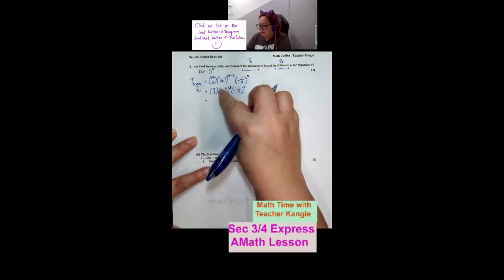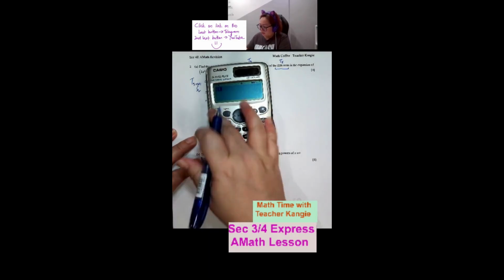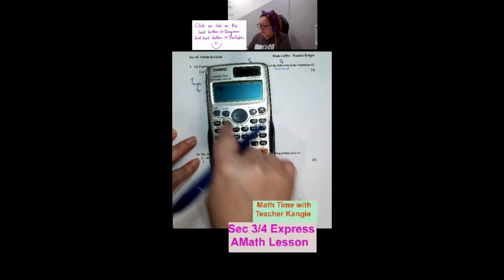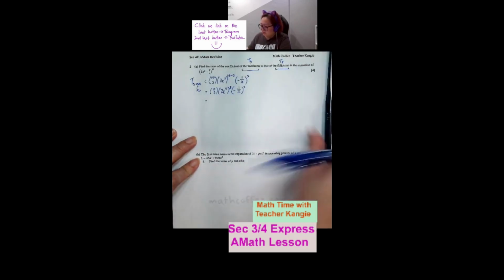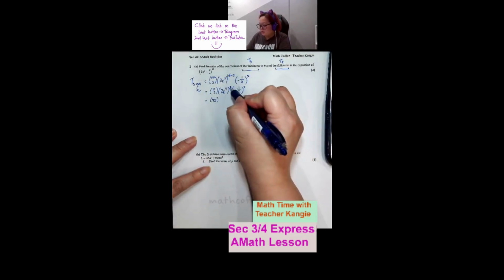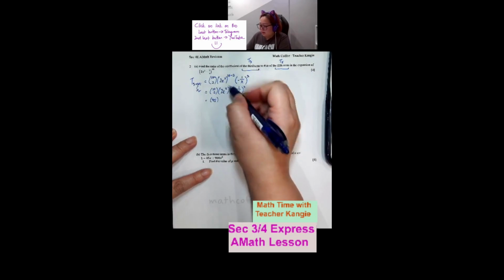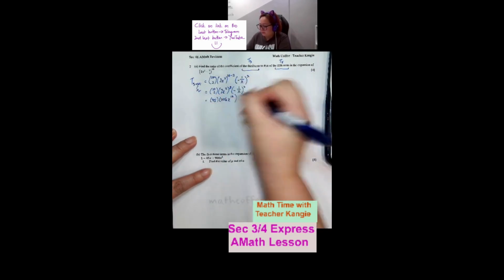Let's simplify. So 10C2, how are you going to key in the calculator? 10, shift, divide. Above the divide you see an nCr, so just click shift divide and you get the C. 10C2 will give us 45. This is to the power of 8, so 2 to the power of 8 gives us 256, and x to the power of 16.